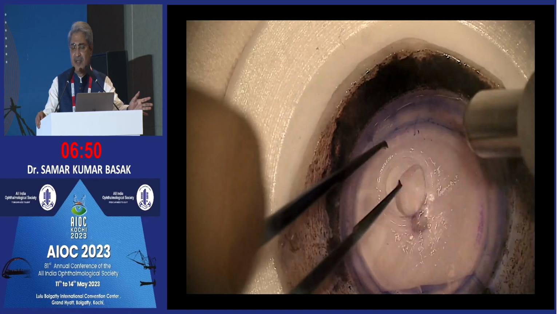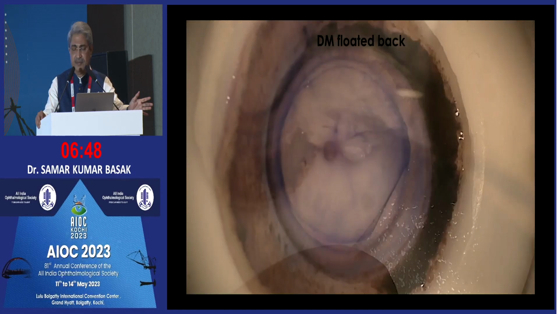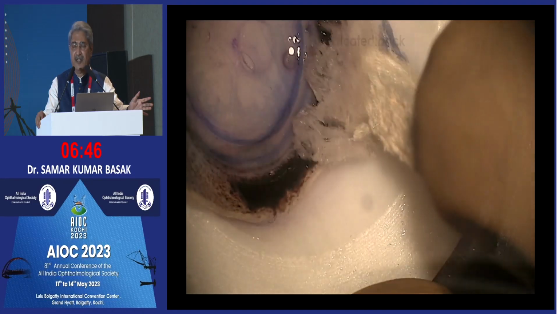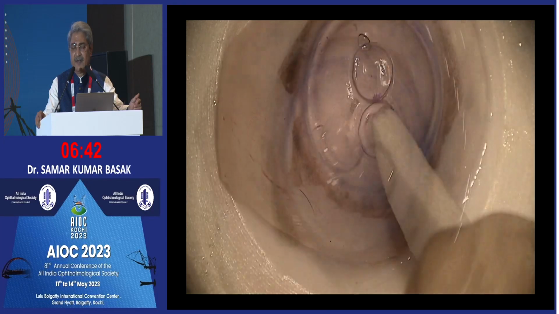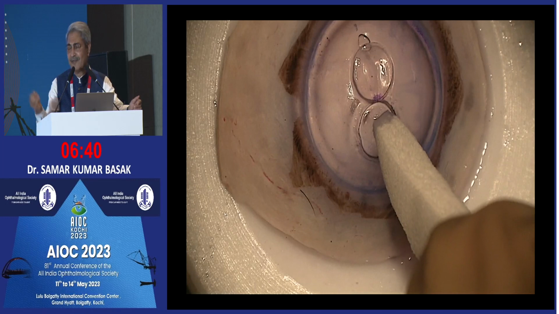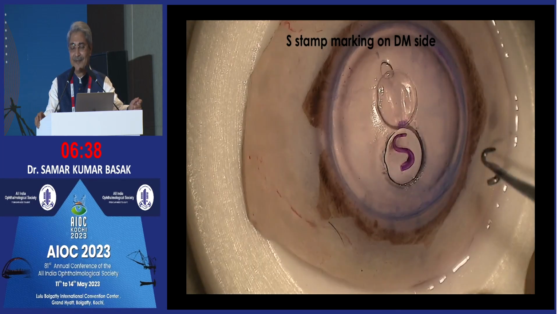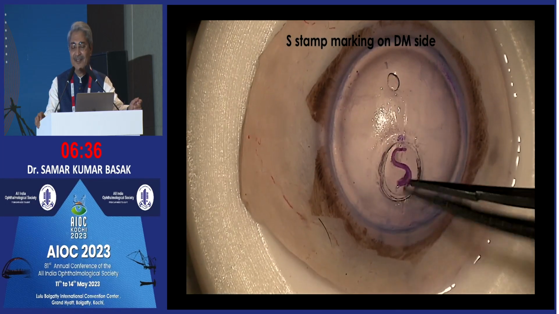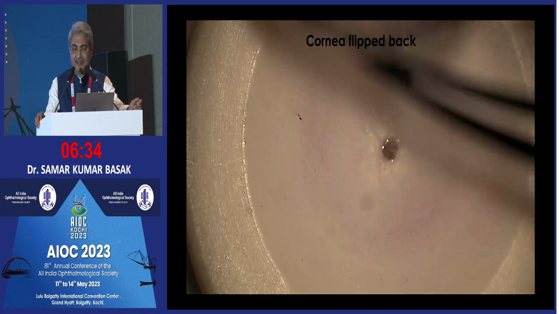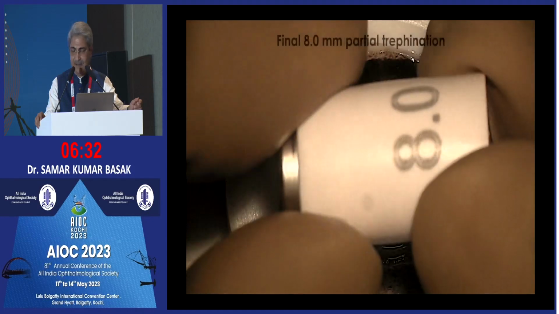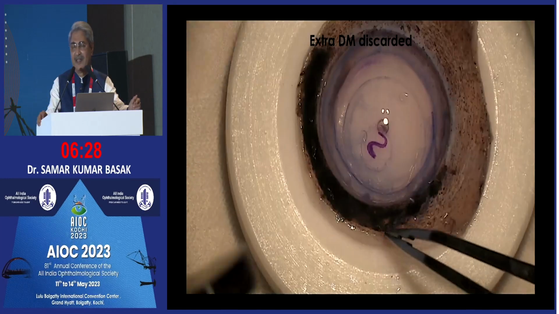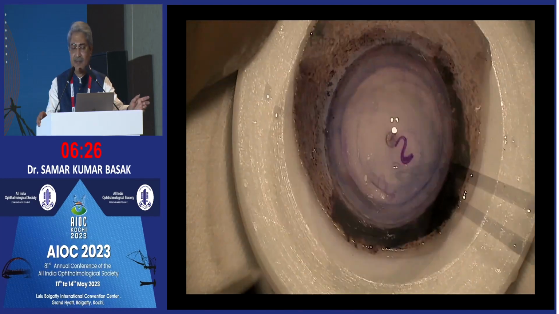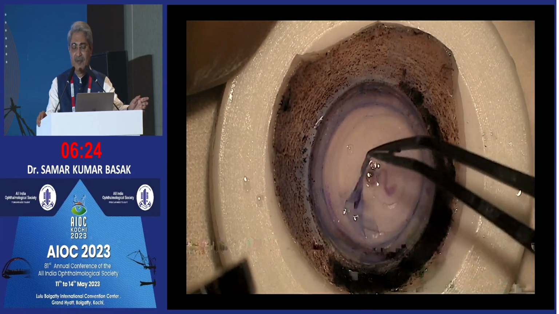So this is the usual method of doing the stromal punch with a 3 or 2.5 millimeter. Flip the cornea. Sometimes you get this kind of lovely lid. You decide your donor size beforehand, 7 or 7.5, and accordingly you do it.